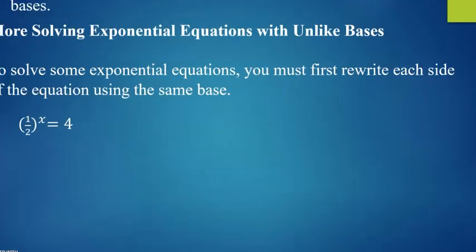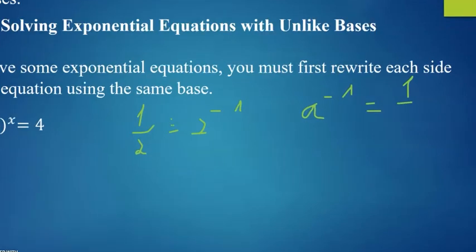Okay, look guys, we're going to use 1 over 2 like this. 1 over 2 is like 2 to the minus 1. Okay, it's a formula. Where does it come from? We had one formula which told us a to the minus 1 is equal to 1 over a.